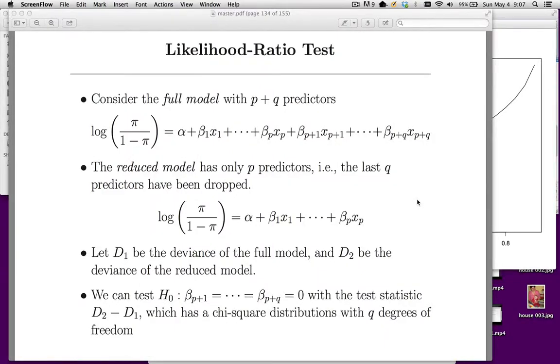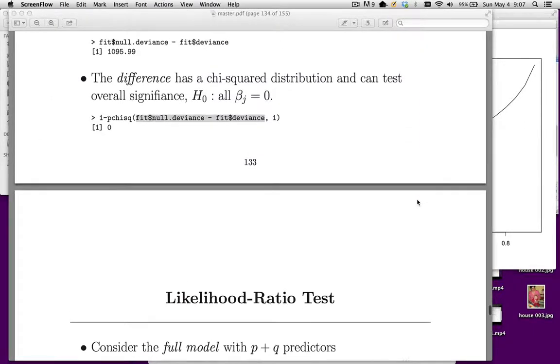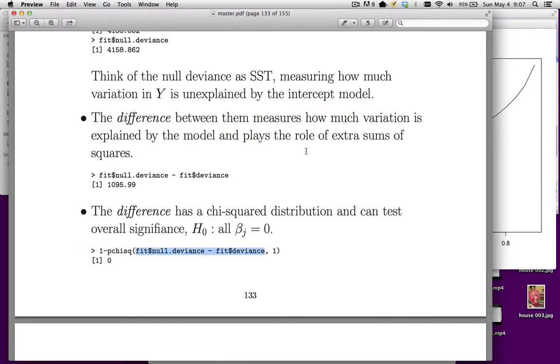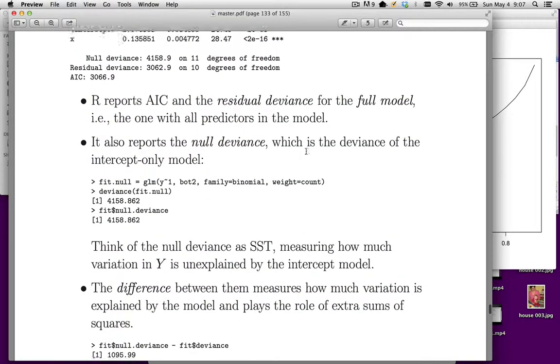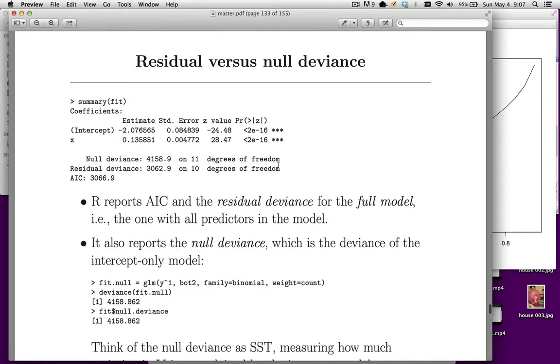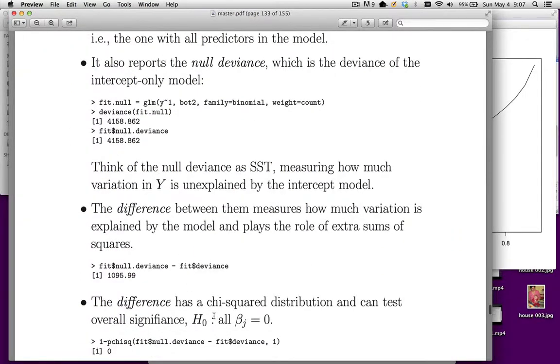This video is going to talk about the likelihood ratio test. In the previous video we talked about deviance, and how the difference between the null and the residual deviance tests the null hypothesis that all the betas in the model are equal to 0. I noted that this was just like the F-test that we were doing with linear regression.